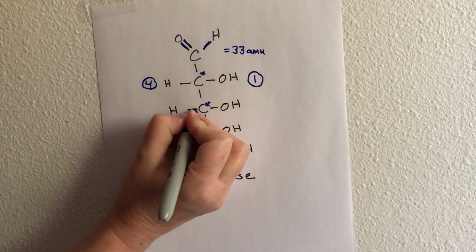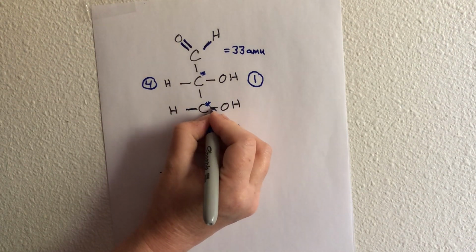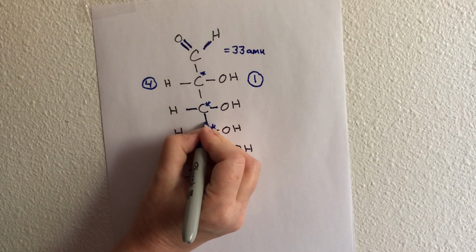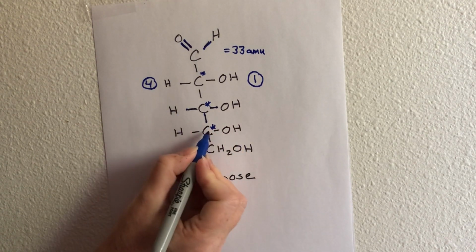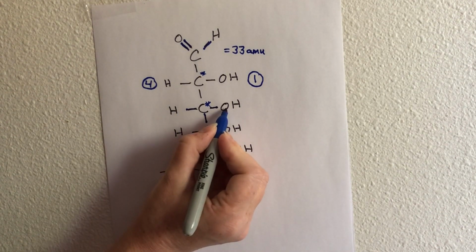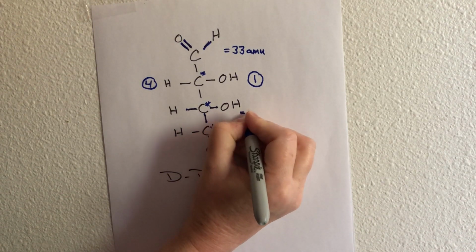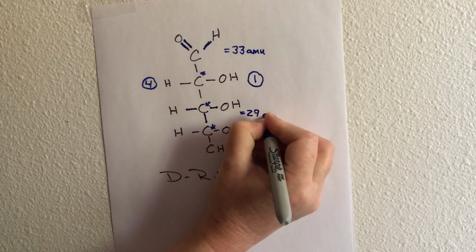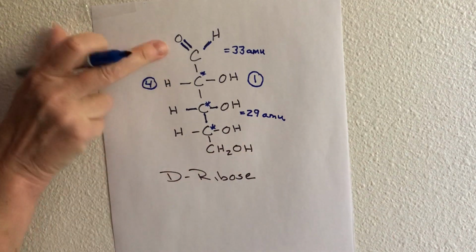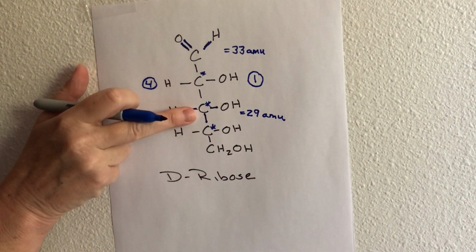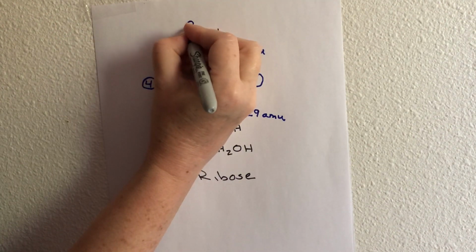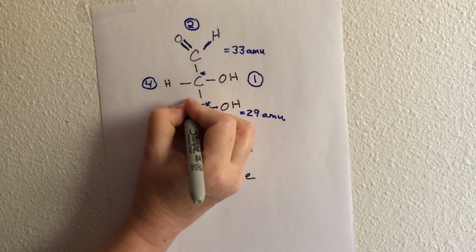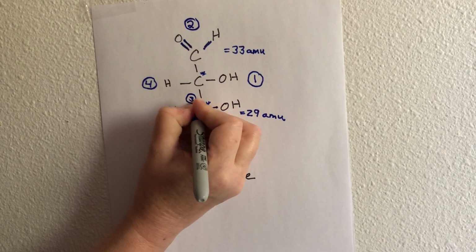This carbon is attached to hydrogen, oxygen, and carbon. So that's 1 plus 12 plus 16. So he's attached to 29 atomic mass units. 33 is more than 29, so this is our second priority group, and this is our third priority group.